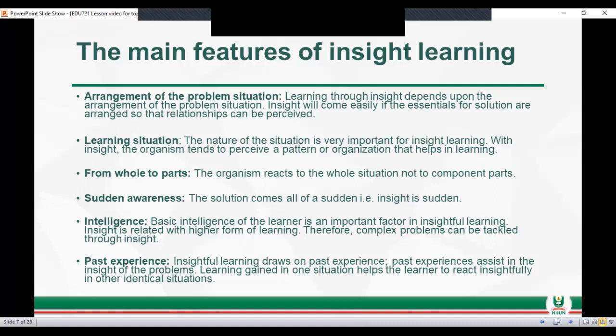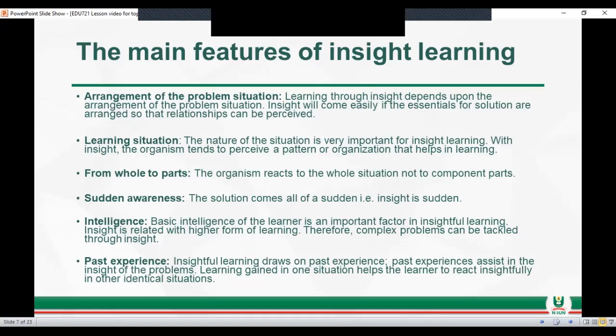So Sultan didn't see the stick as a separate component of the total situation. He didn't see the banana as separate. He just noticed that, oh, with this stick, I can actually use it to draw in the banana. The same way with the stool in the first experiment. Sultan saw the relationship between what the stool can do to reach out to the bunch of bananas that was placed on top of the cage.